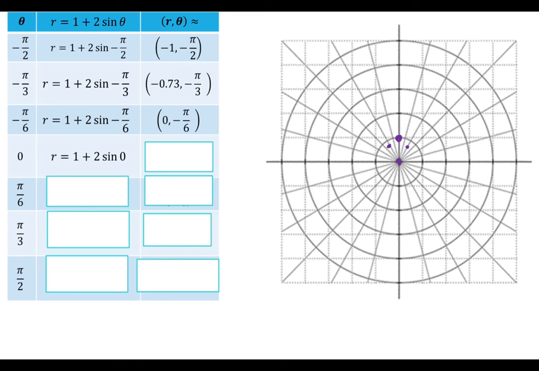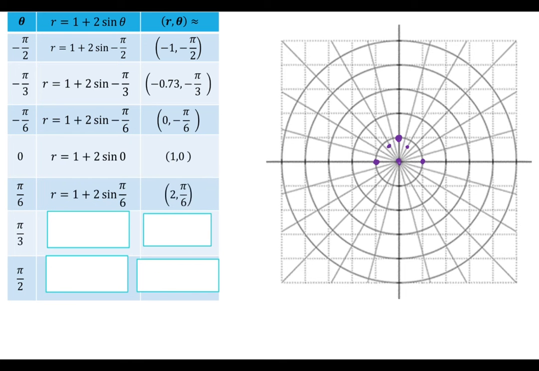Then plug in 0, and at 0 I get 1, so 1, 0, and I get a mirror point. Then let's plug in pi sixths. When we plug in pi sixths, we're going to get 2, so go to 2, pi sixths. This is a little strange, but then I of course get the mirror point, 2, pi sixths over here.